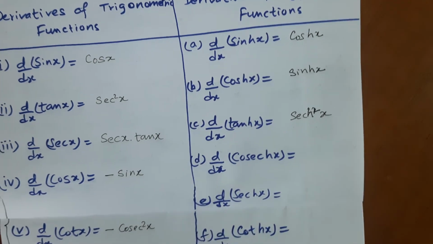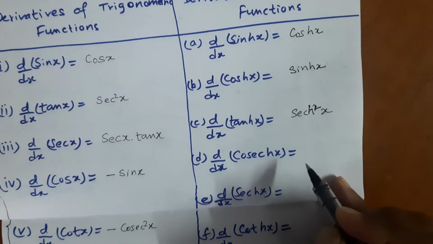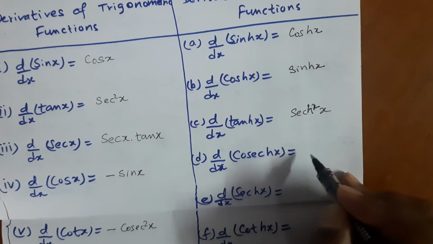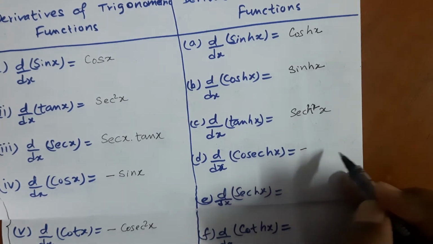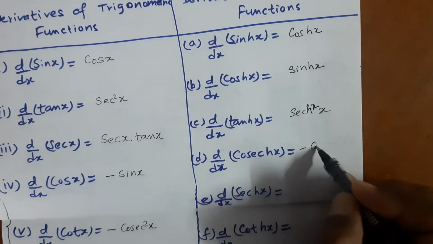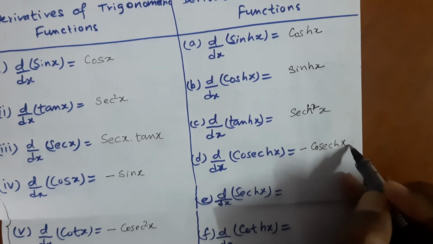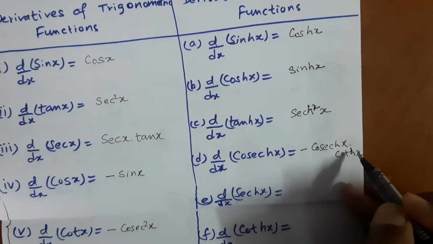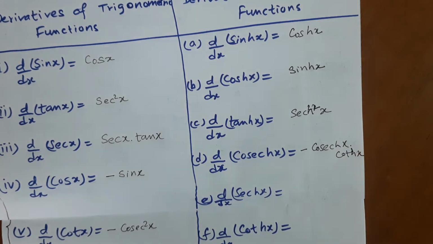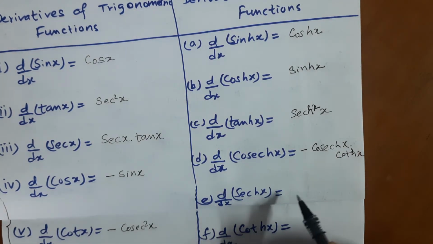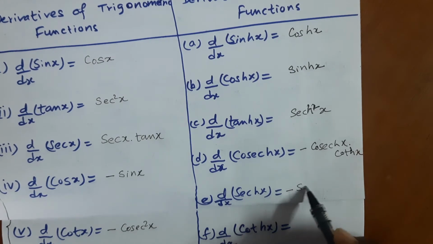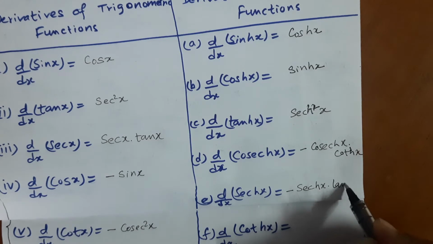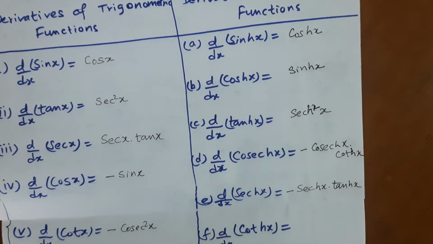Now next comes the derivative of cosec hyperbolic x. Its derivative is minus cosec hyperbolic x times cot hyperbolic x. Okay, and the sec hyperbolic derivative is minus sec hyperbolic x and then tan hyperbolic x.